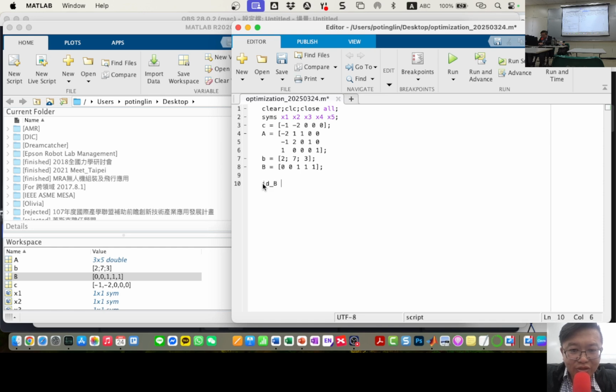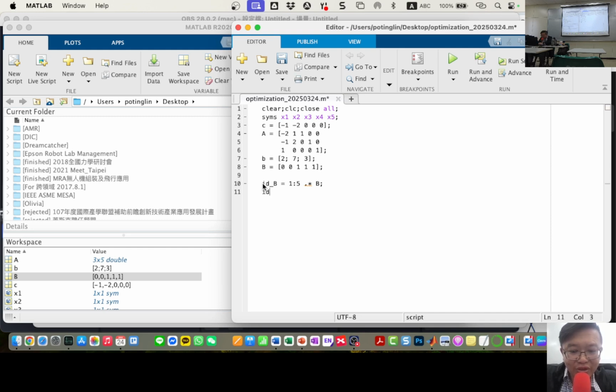ID basic equals 1 to 5 dot multiply b. If I do that, then I have 0, 0, 3, 4, 5. And then I will get rid of the zeros.